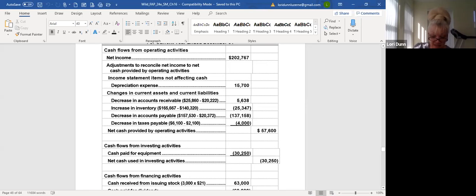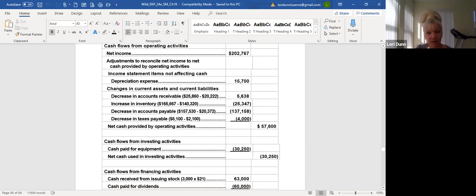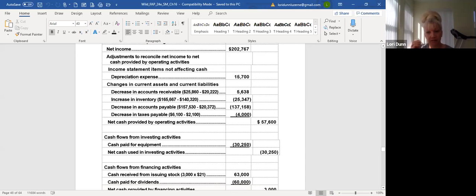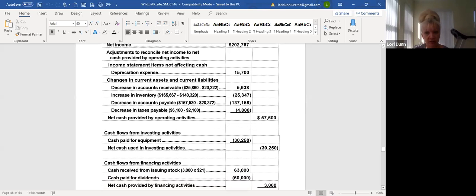So that $60,000 would decrease retained earnings. Now, when you decrease the retained earnings by $60,000, you get the $175,217. So we've identified what the impact of the changes in retained earnings have on cash.